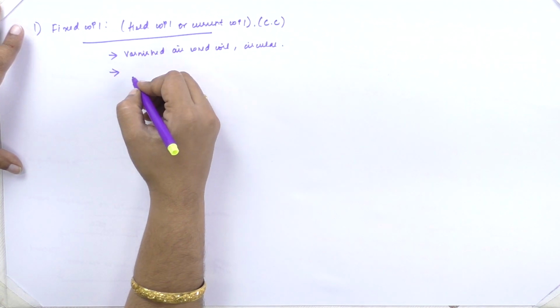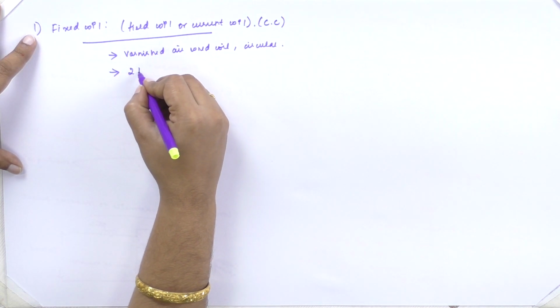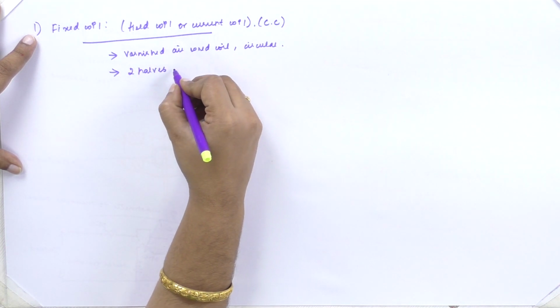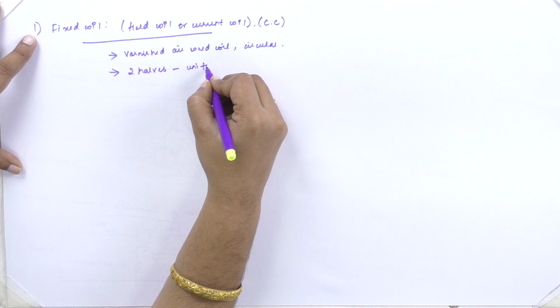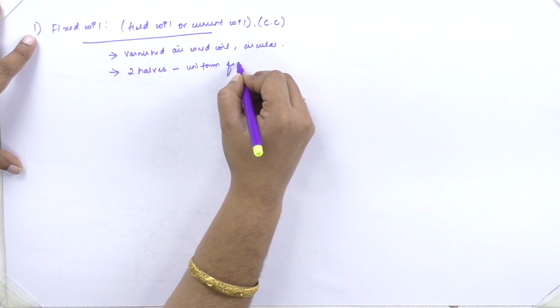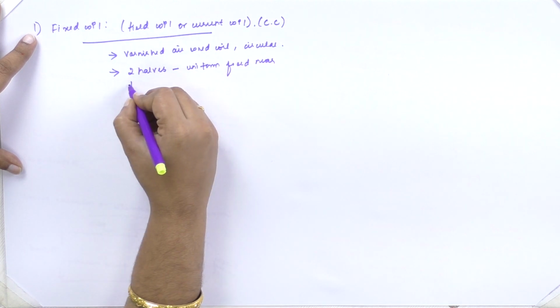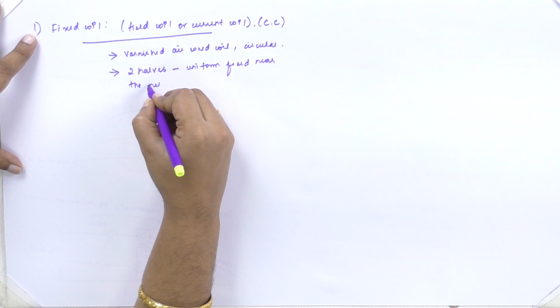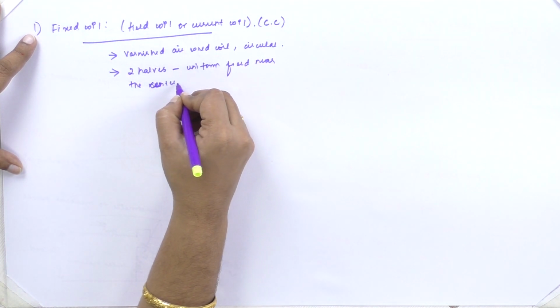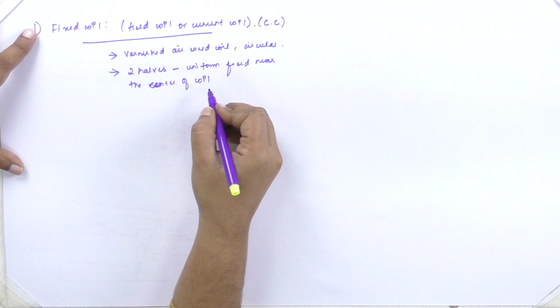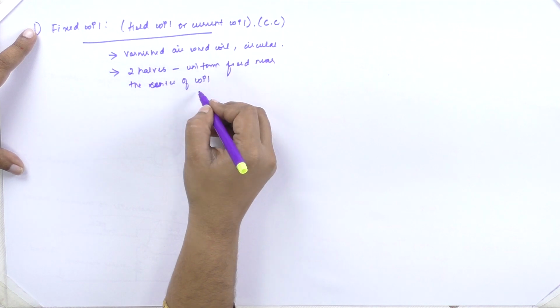As we have seen in the diagram, this fixed coil will be divided into two halves. Why it is divided into two halves is in order to produce a uniform field near the center of the coil, because in the center of the fixed coil, the moving coil will be placed.